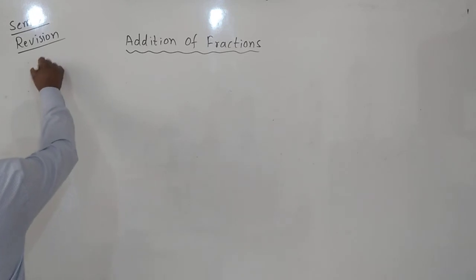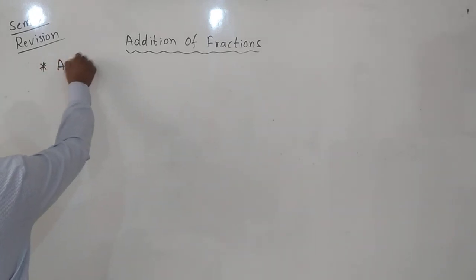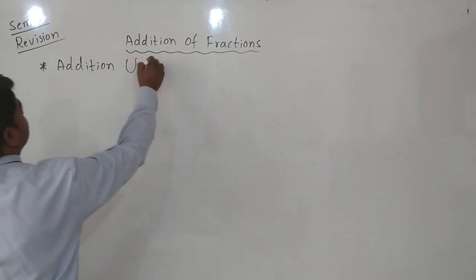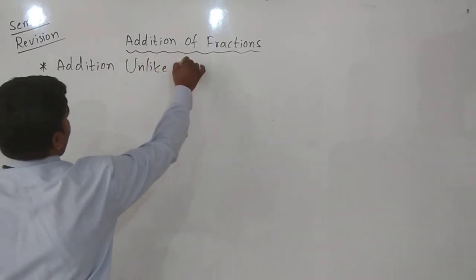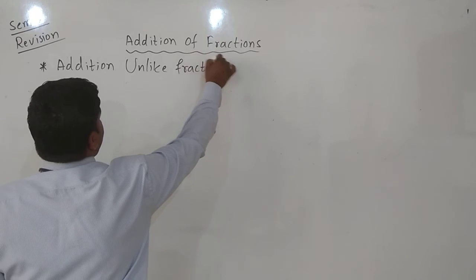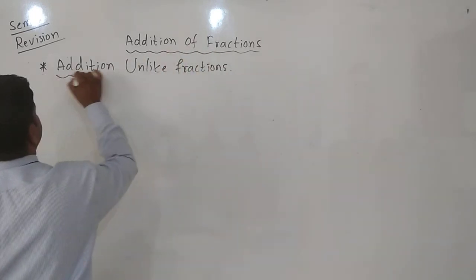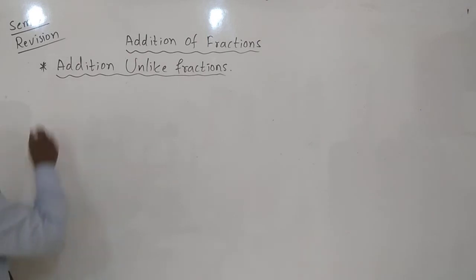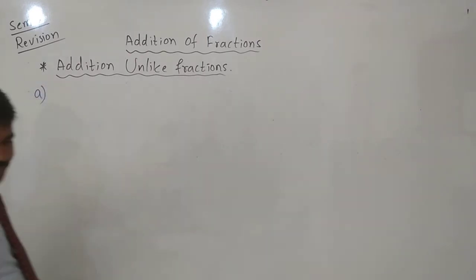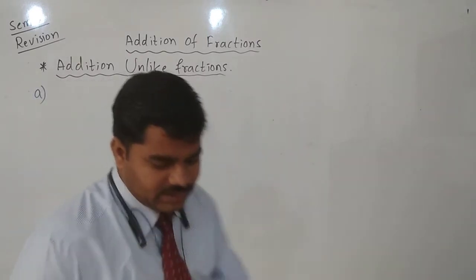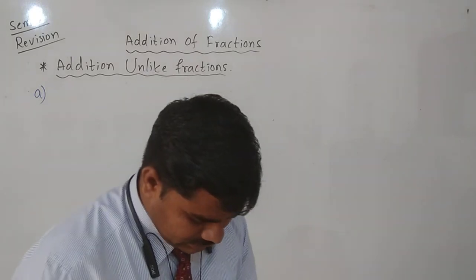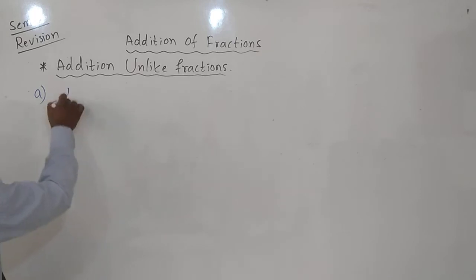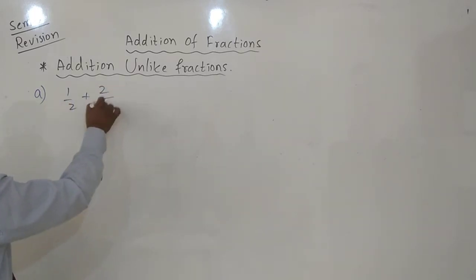Example, addition of unlike fractions. One unlike fraction problem we will take: 1 by 2 plus 2 by 5.